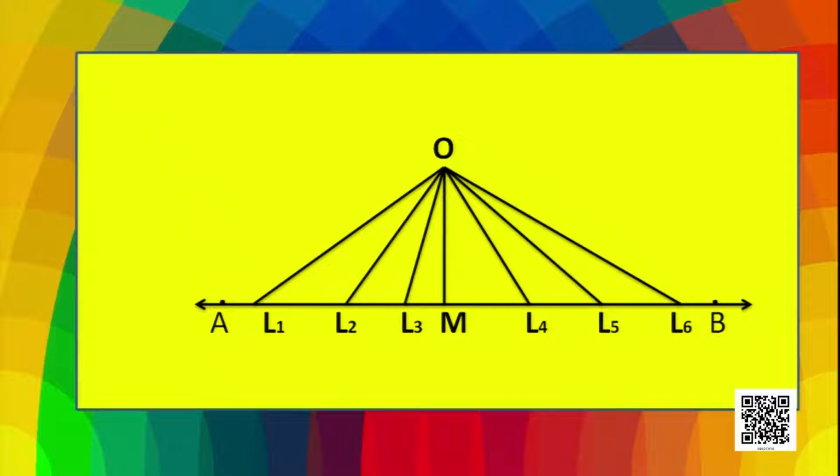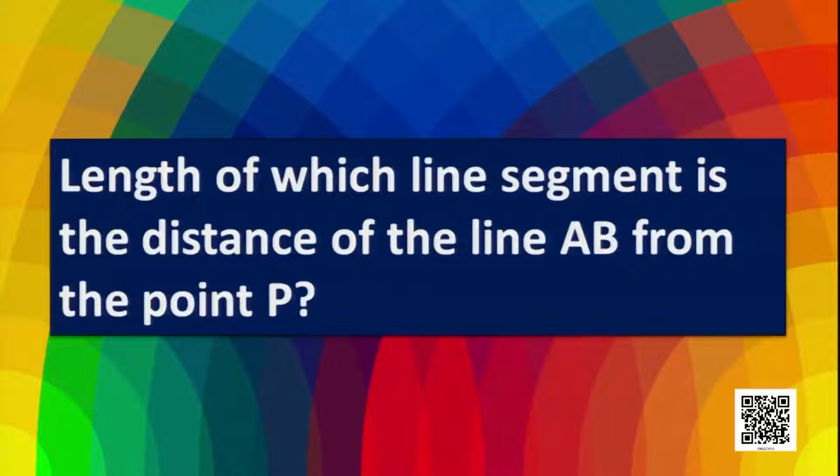You see, we have line segments OL1, OL2, OL3, OM, OL4, OL5 and OL6 in this figure, and we can have many more than that. If we measure these line segments, which is the least?